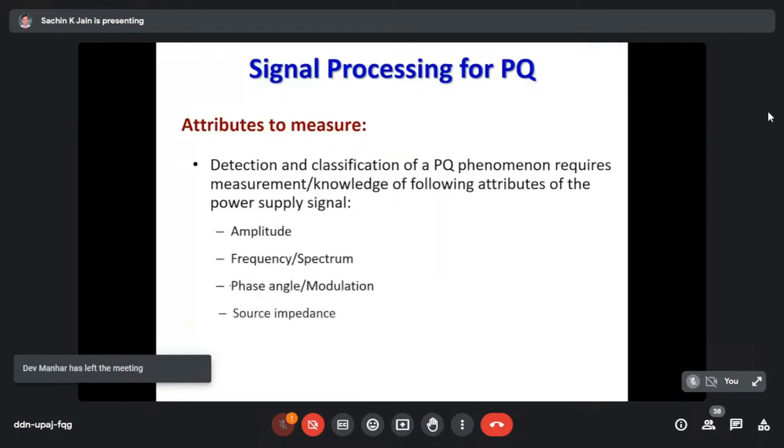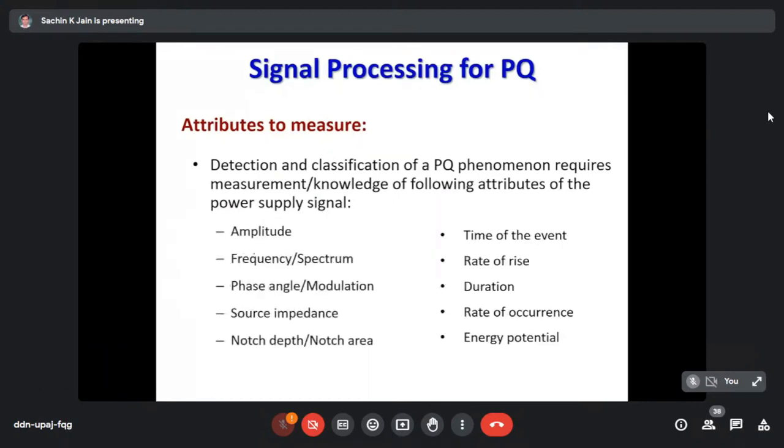Now, what are the attributes to measure in power quality? Maybe their amplitudes, maybe frequency, phase angle, notch, and apart from this, at what time this amplitude or frequency variation has occurred, what is the rate of rise of amplitude, if at all it is changing, the duration of the event, rate of occurrence, energy potential. For example, you might have heard about the PMU, and in today's scenario, we talk about rate of change of frequency, ROCOF.